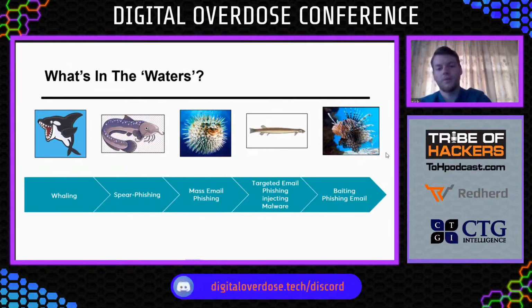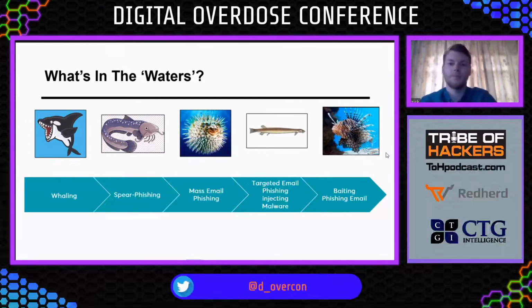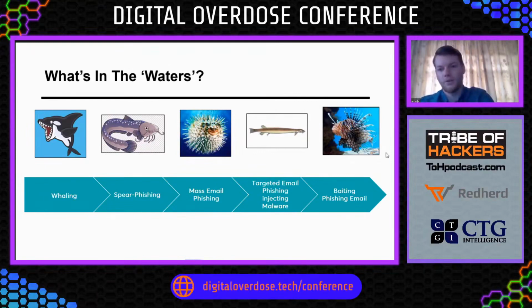The last one in my presentation is the lionfish, which is also a venomous fish, and it's associated with a baiting phishing email, which is trying to lure a victim, for example, to make you click on a link, or to make a donation for a charity, and so on.